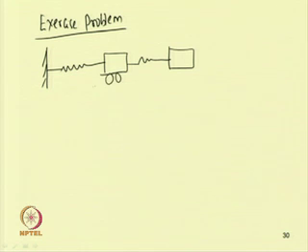So, one can take this system with 2 degrees of freedom, and here we have these nonlinear stiffness we have given. So, this is M1, this is M2.